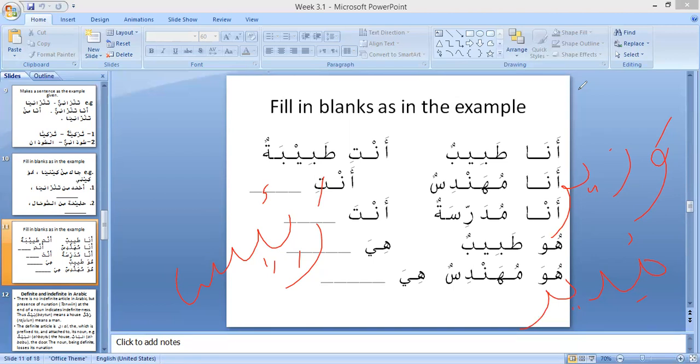Any senior managerial position is called Mudir. Even the VC, vice chancellors, are called Mudir Jamia. Even the principal, the headmasters are called Mudir. Right? You say Mudir, a female would be what? Mudira. Mudira, yes. So you say Mudir, Mudira, Wazir, Wazira.